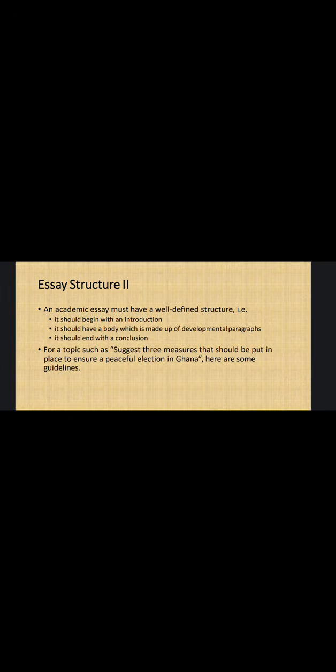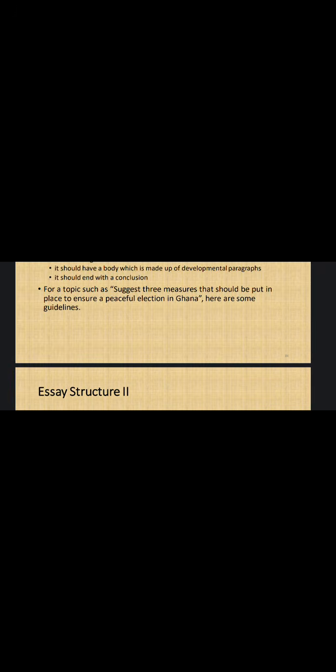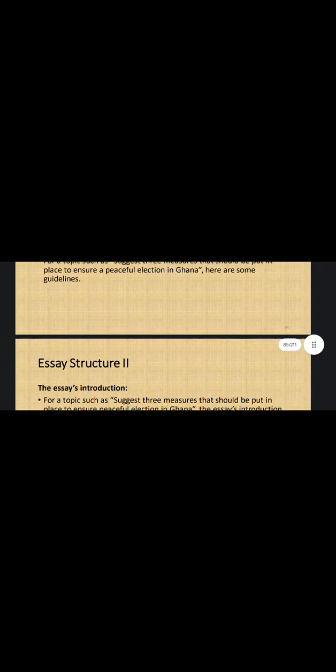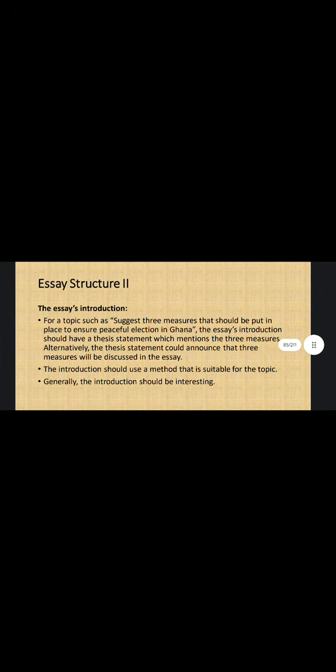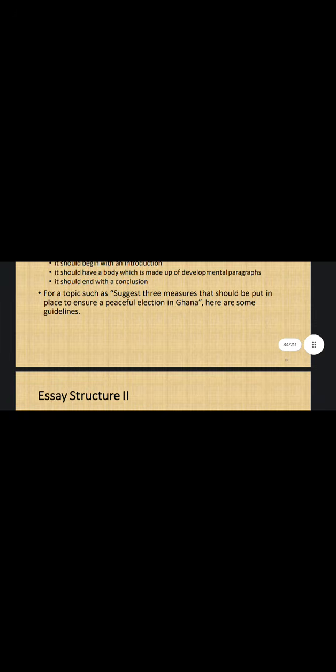So if I give you a topic such as suggest 3 measures that could be put in place to ensure a peaceful election in Ghana, these are some of the guidelines you should follow. As they said, you should suggest 3 measures to ensure a peaceful election in Ghana.